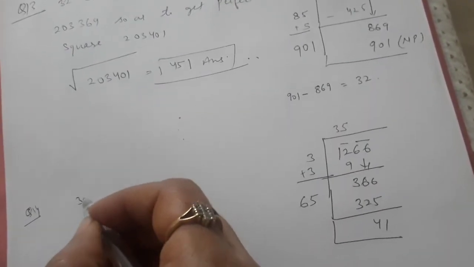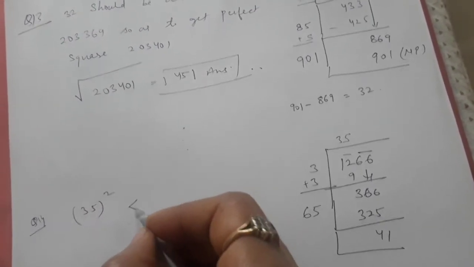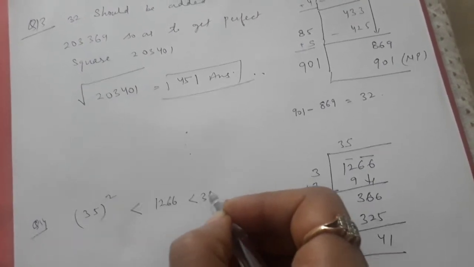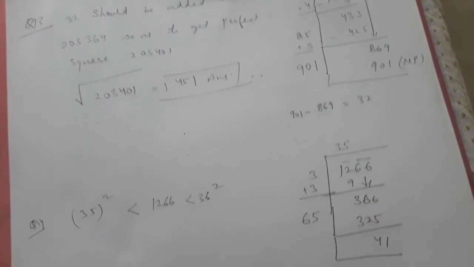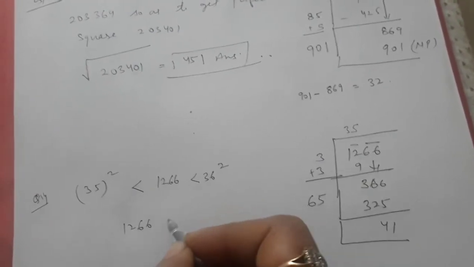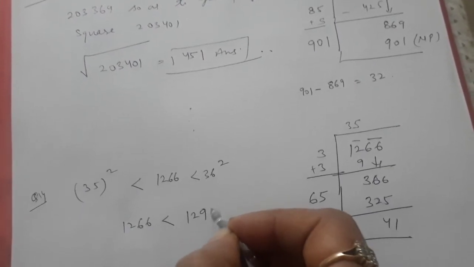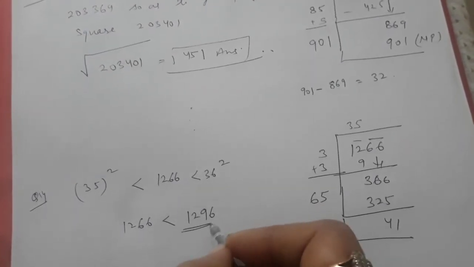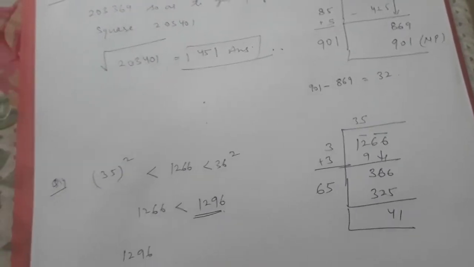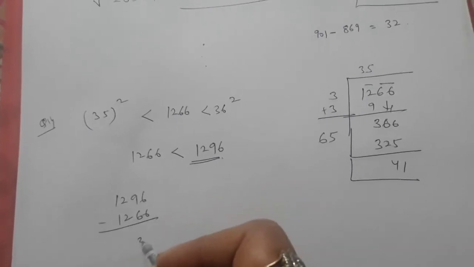So what we have to do is take the squares: 35 squared is less than 1266, and 36 squared is greater than 1266. So 1266 is smaller than 1296, and 1296 is the greater number. How much greater? 1296 minus 1266 is 30.